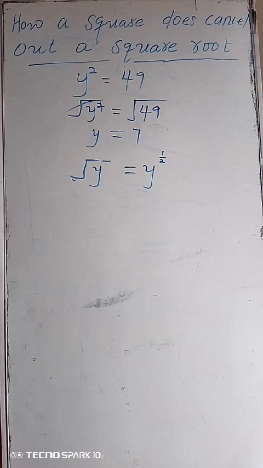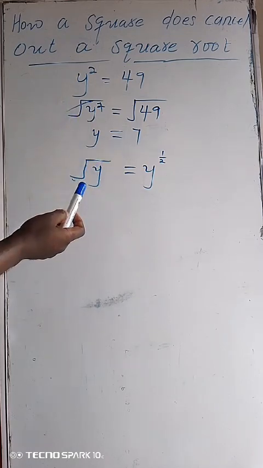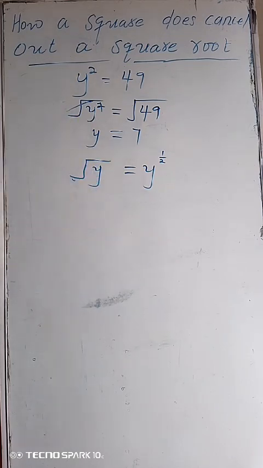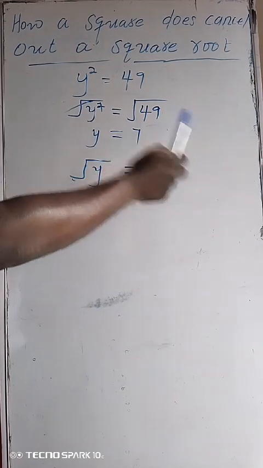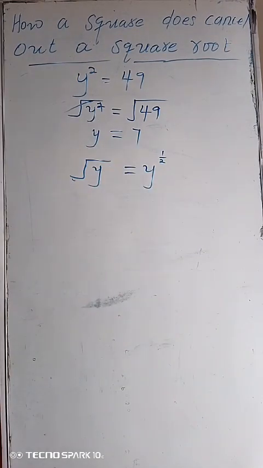Those who want to verify, you can do that. You can take maybe the square root of 3 and use your calculator. After that, you just write 3 raised to the power 1 out of 2 and use the calculator and verify. You'll be getting the same thing.